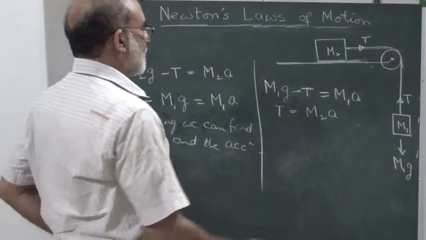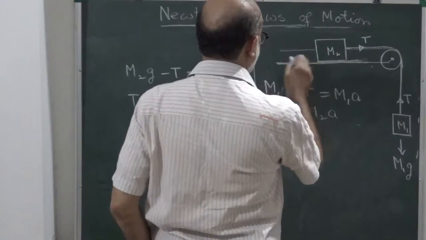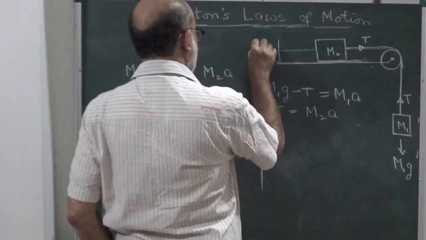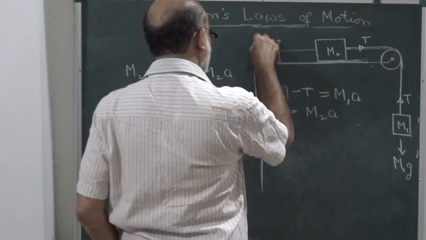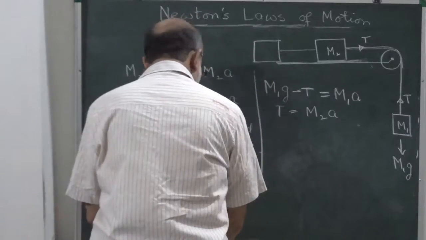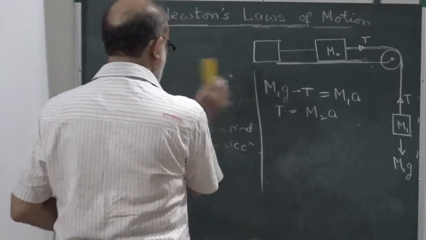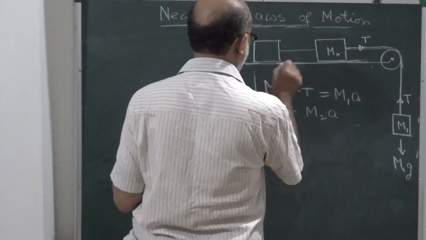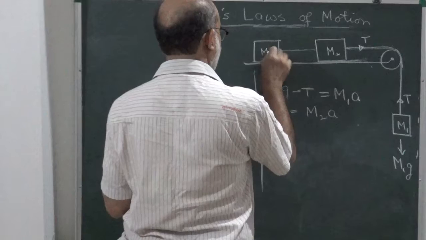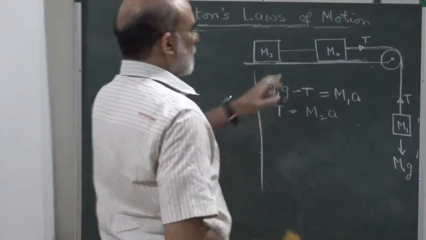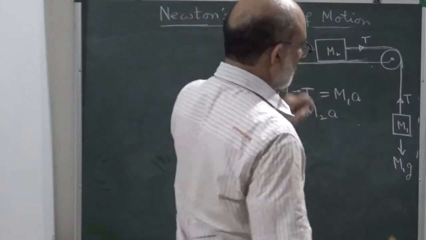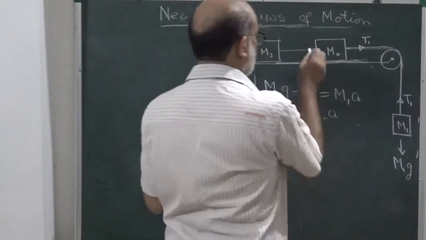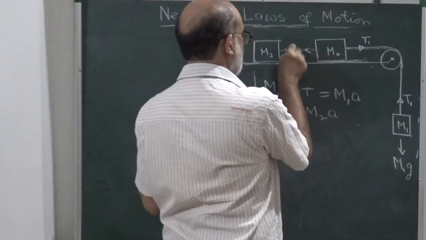Now suppose we have another block here. We can use the same type of technique. Now this is another rope. If the tension in this rope is say T1, then on this the tension will be different.